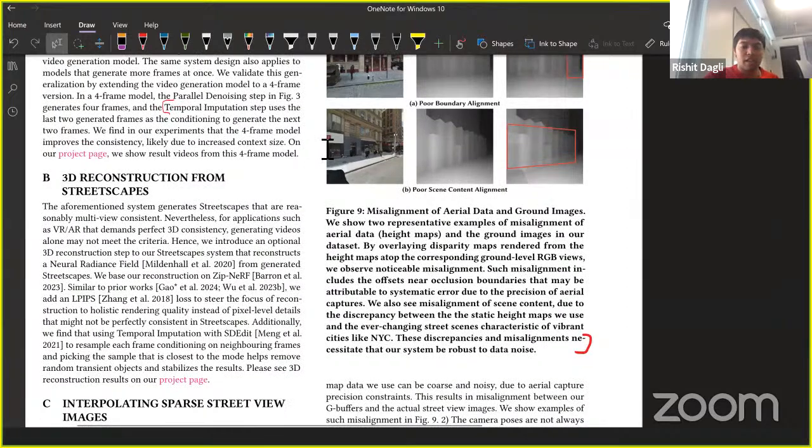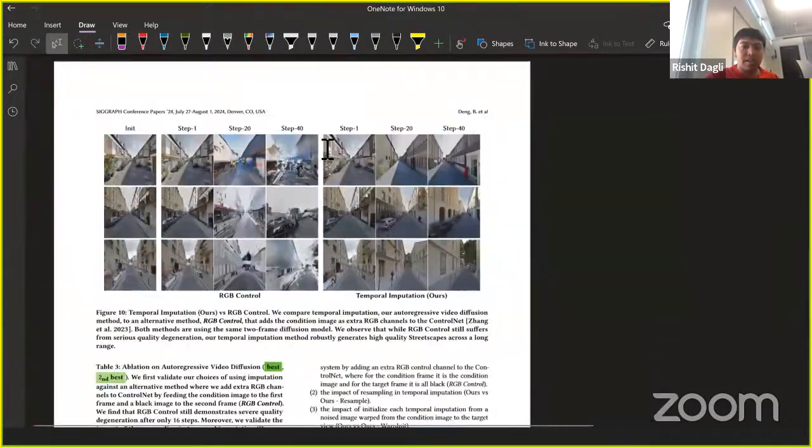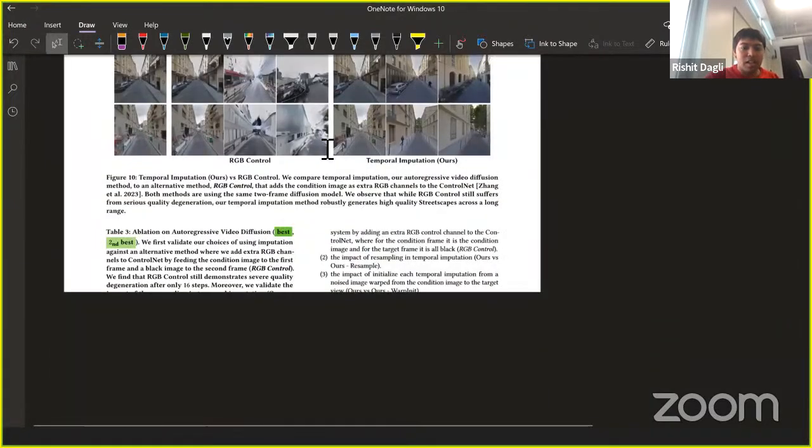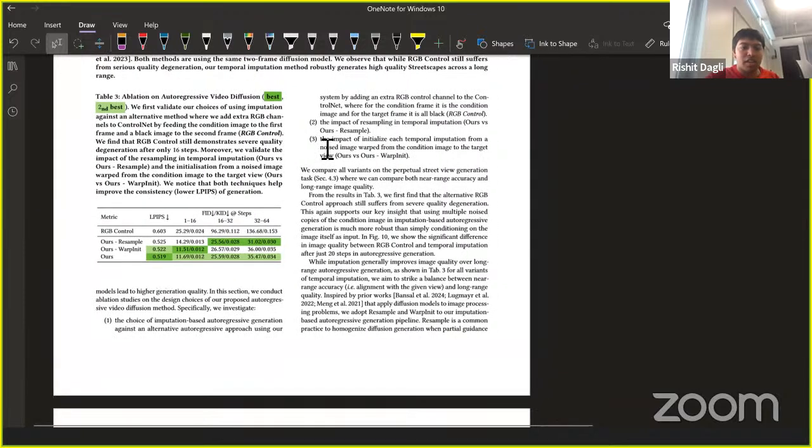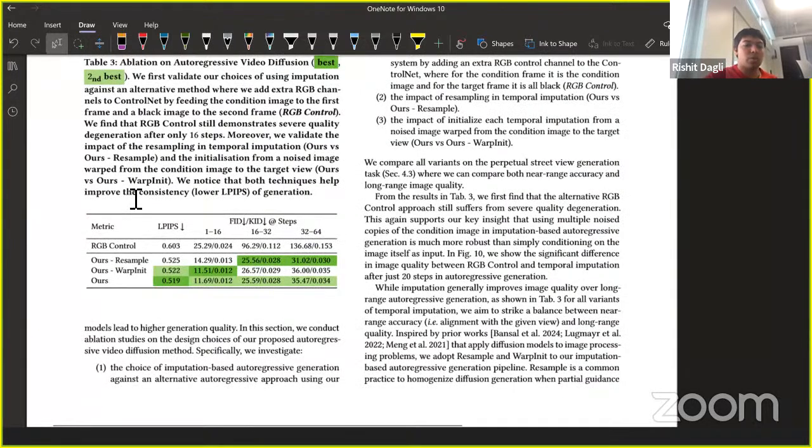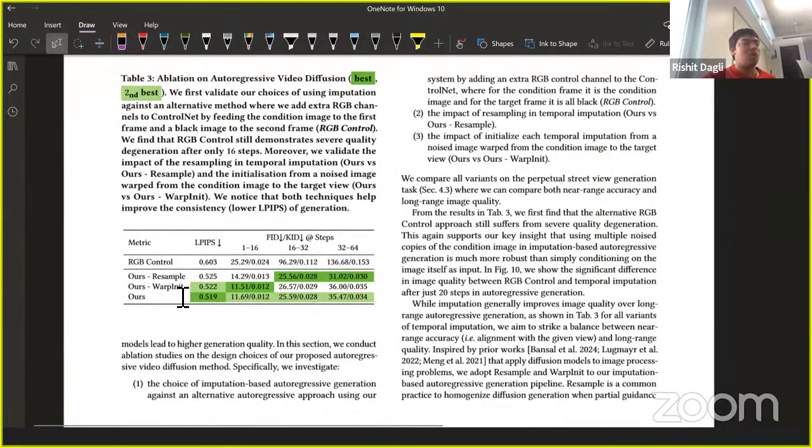So those are some of the interesting things that they talk about, and then they also have this ablation.